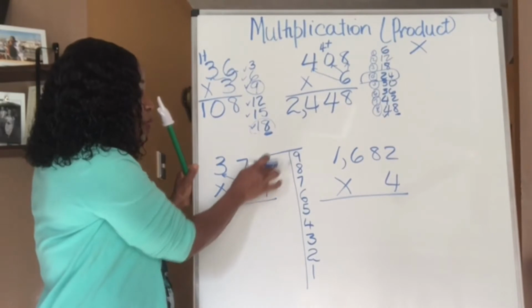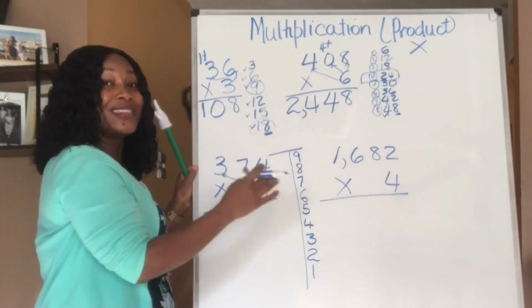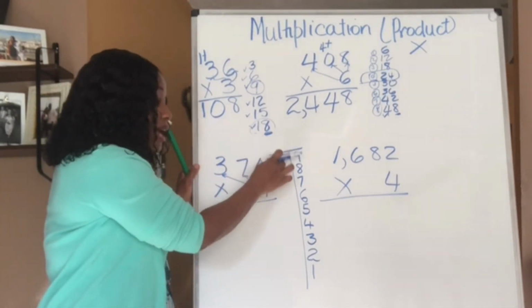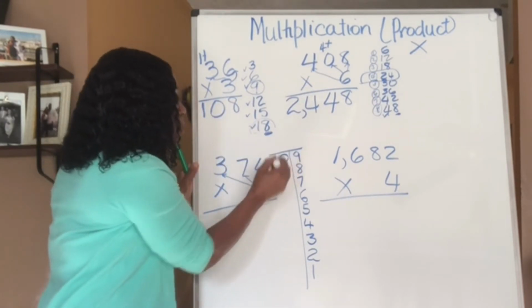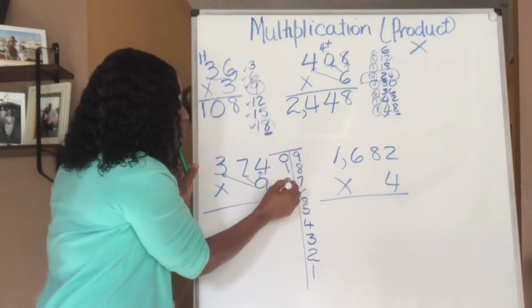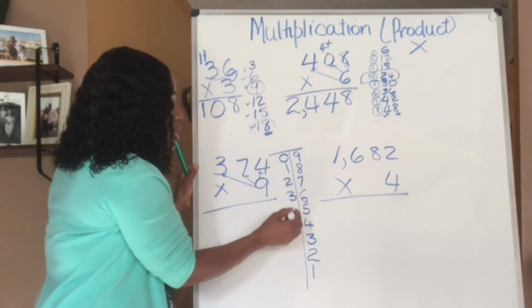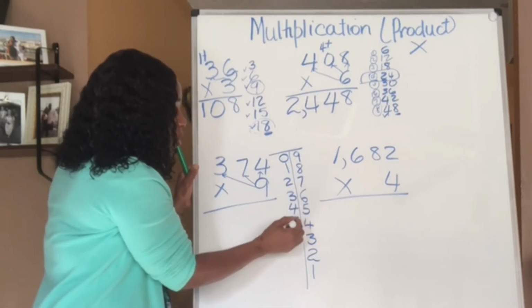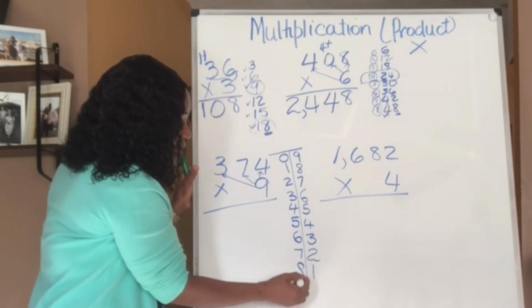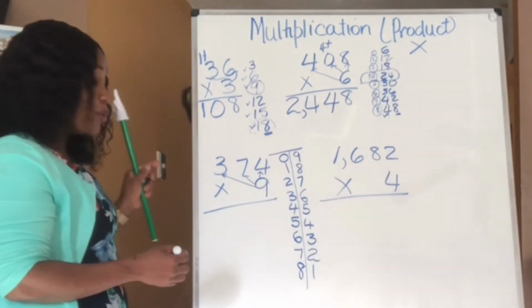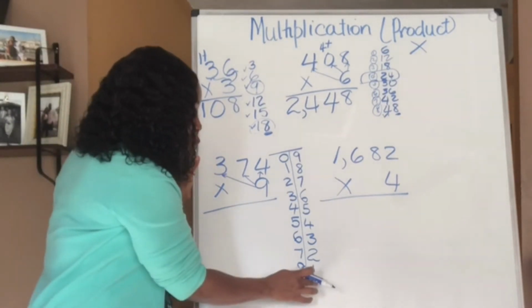And then we come over here and we start to count from 0, and we're going 0, 1, 2, 3, 4, 5, 6, 7, 8. And we could go further. So we get to 1 here.